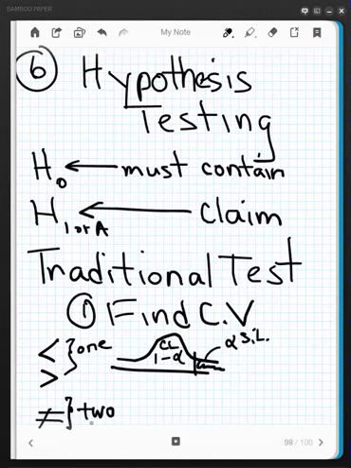Critical values look just like a confidence interval when we have a two-tail test, but they're always based upon the same ideas that we talked about with an inverse normal distribution. So finding critical values is just like what I said before. It's finding the inverse distribution.